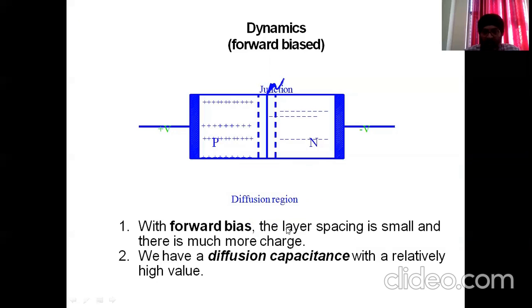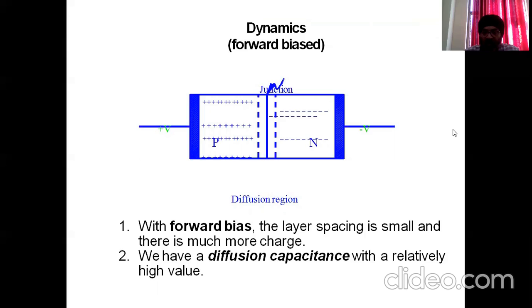Now this depletion region can behave like a capacitance. Okay, now we apply forward bias. When we apply forward bias, the spacing of this depletion layer becomes smaller compared to the unbiased state.